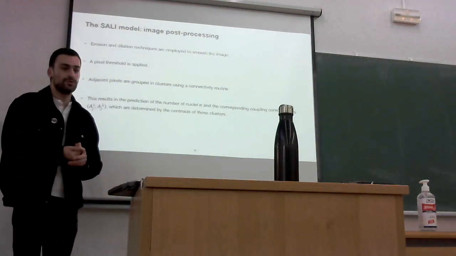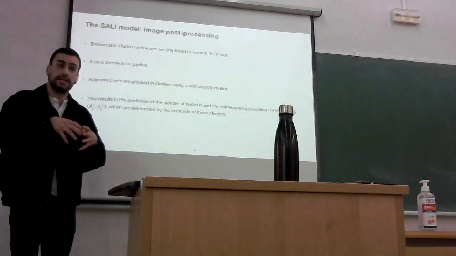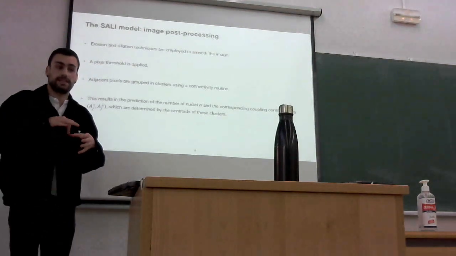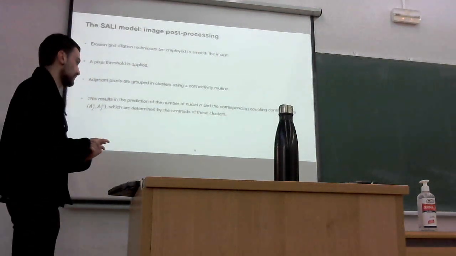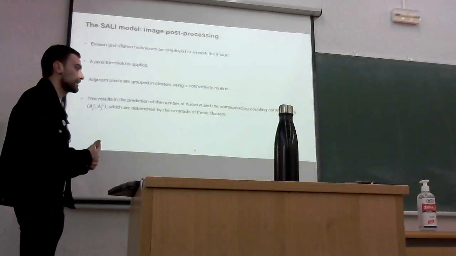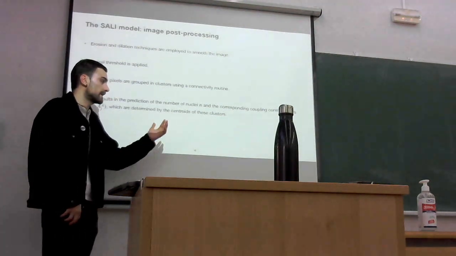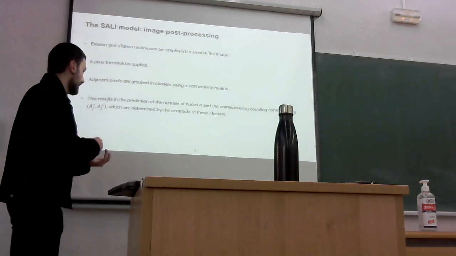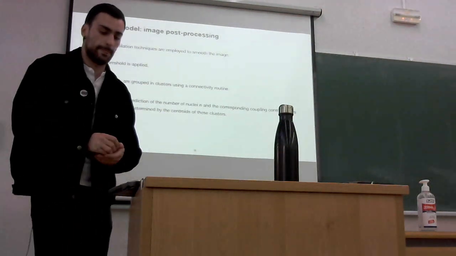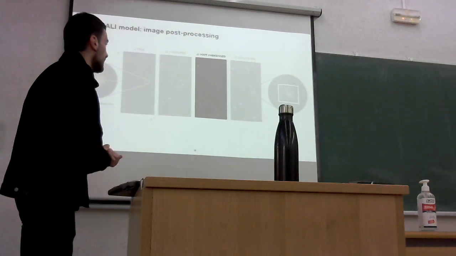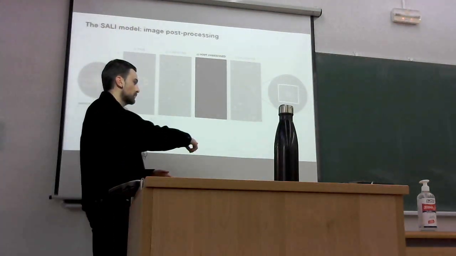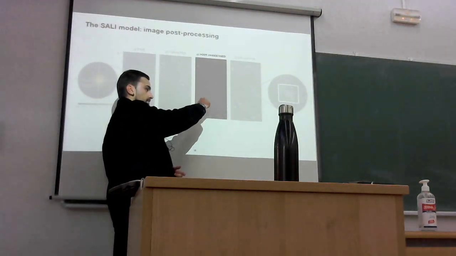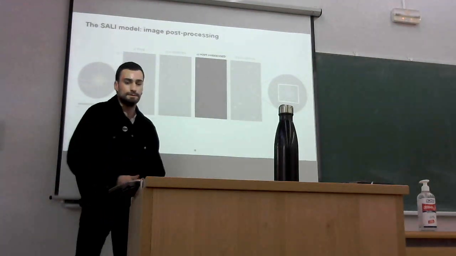Then finally you connect the adjacent pixels to create these clusters, these predicted nuclei, and in this way we can count them to obtain N, and then calculate the centroid of each one of them to obtain a set of A_z and A perpendicular. This is more or less how it's done, and we obtain this picture with the white boxes enclosing each of the nuclei.